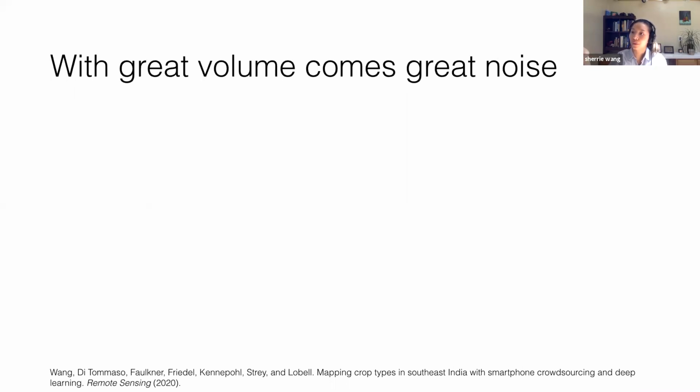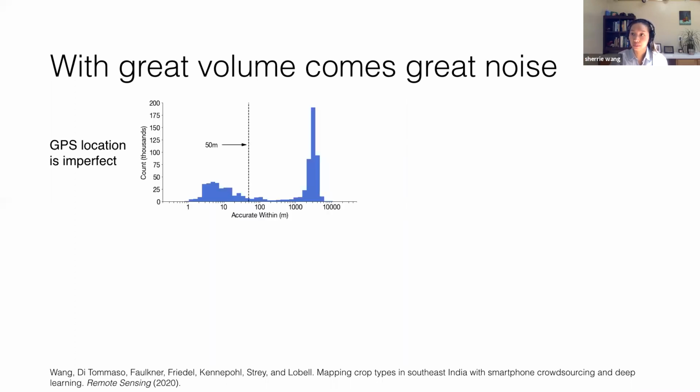So I mentioned the advantage of huge volume when we have crowdsourced data, but the challenge when working with crowdsourced data is that you also have a lot of noise. For example, GPS location is not perfect, and we actually get a measure of GPS accuracy from the Android platform. We can see that in some cases, the precision in this GPS can be as high as 1,000 meters, or a kilometer, or worse.